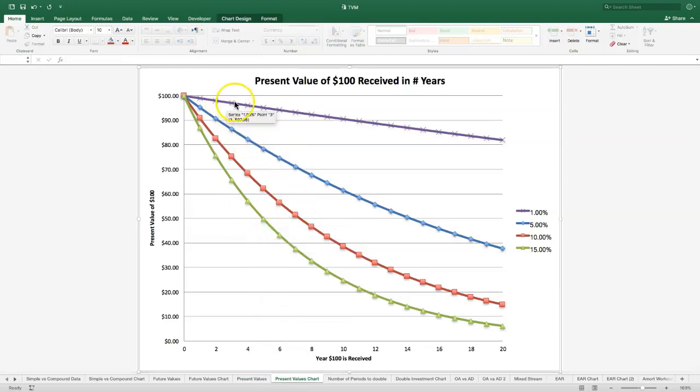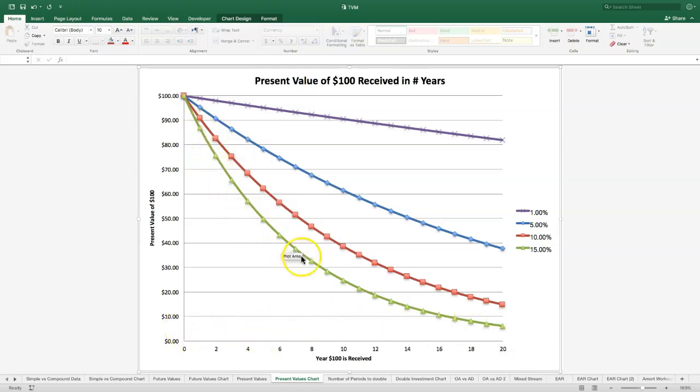So at a 1% interest rate, we can see that the present value of $100 to be received in 20 years was about 80 some odd dollars. And we saw this before, the present value of $100 to be received in 20 years when our interest rate is 15%, green here, is like $6 or $7.